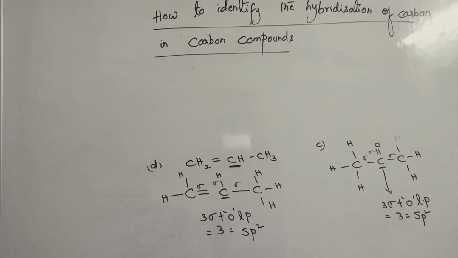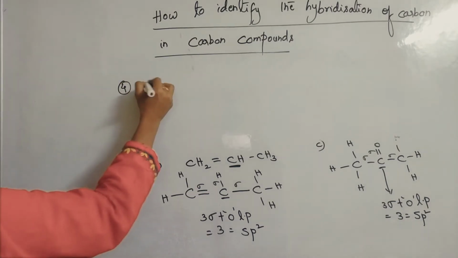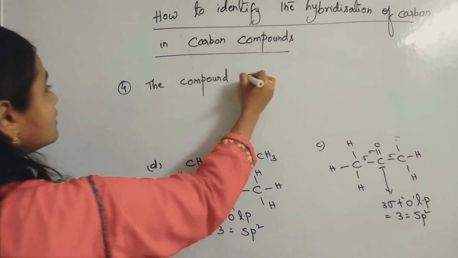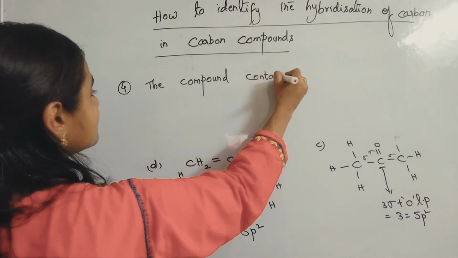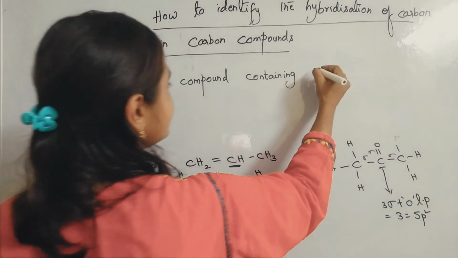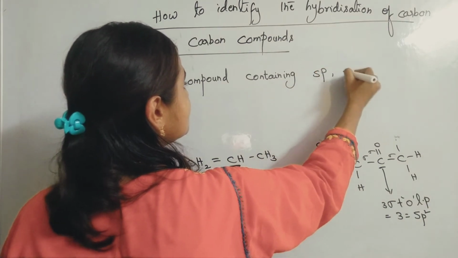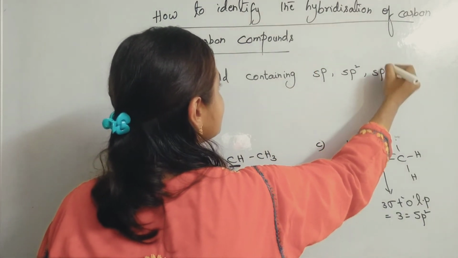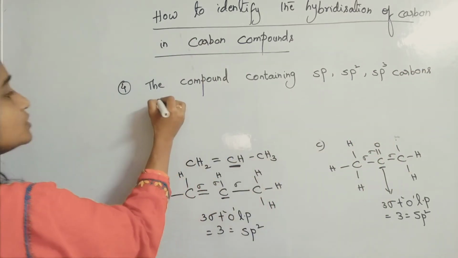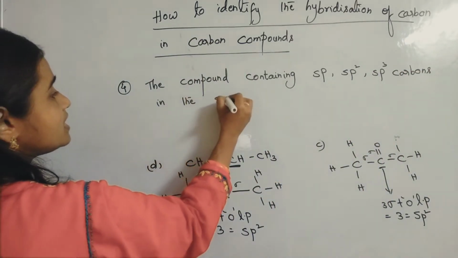Once look at this fourth question: the compound containing sp, sp2, sp3 hybridized carbons in the ratio 1:2:3.